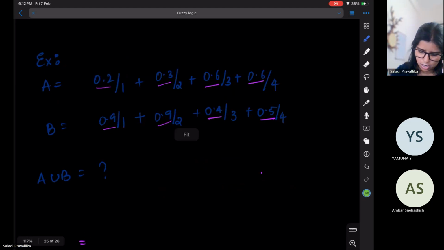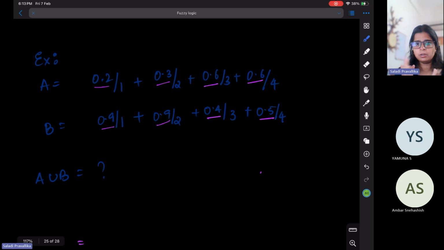Let us take two fuzzy sets and the x values that we have are 1, 2, 3, and 4. For x equal to 1, in fuzzy set A, we have the membership function value as 0.2, whereas in fuzzy set B, we have 0.9.